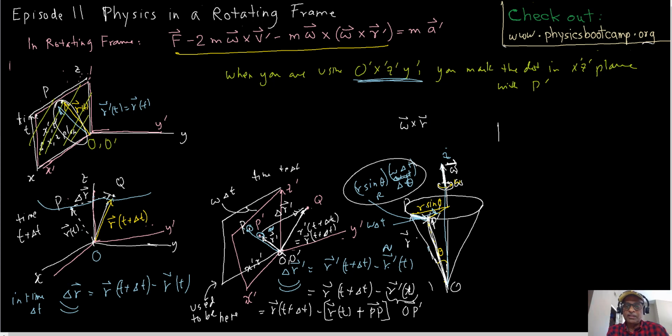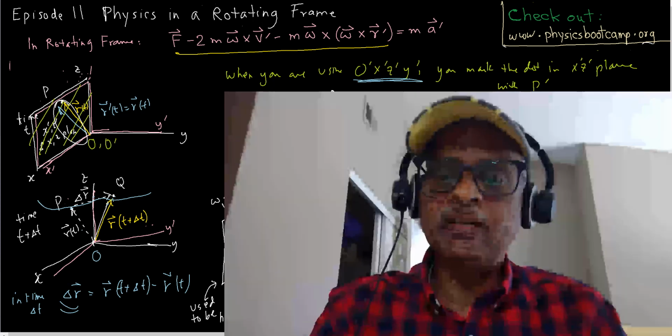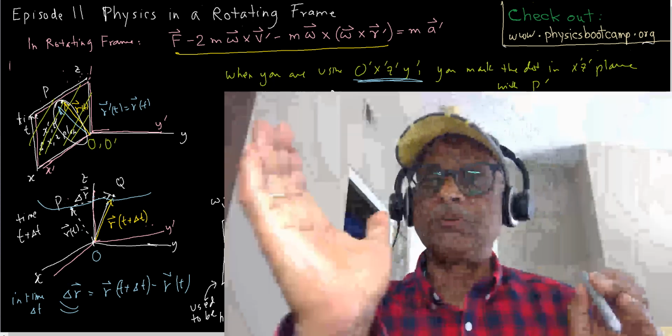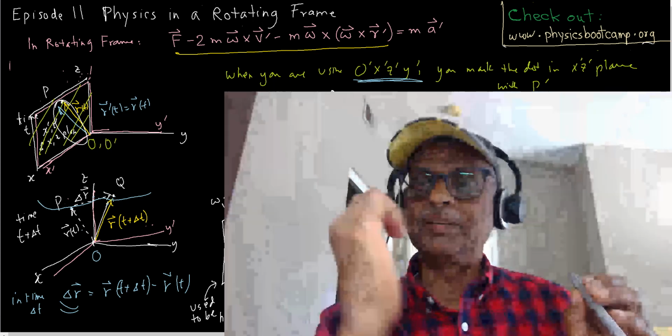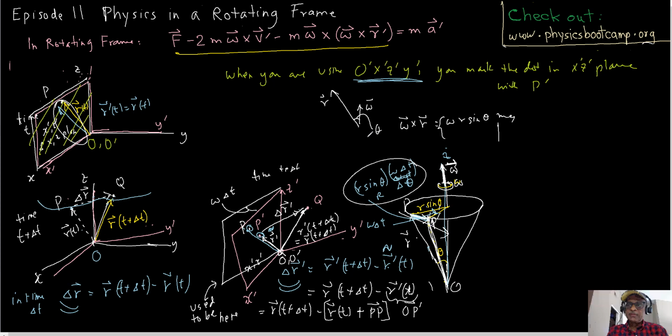When you cross product it, the magnitude becomes omega r sine theta, where theta is this angle, and by the right hand rule the direction is coming out. That's the same thing as that, so p p prime is just omega cross r.